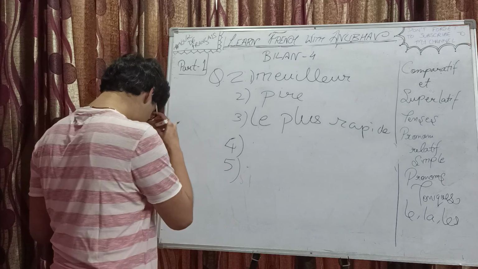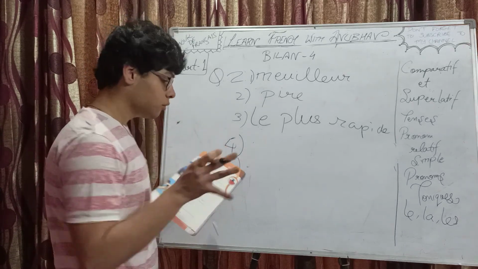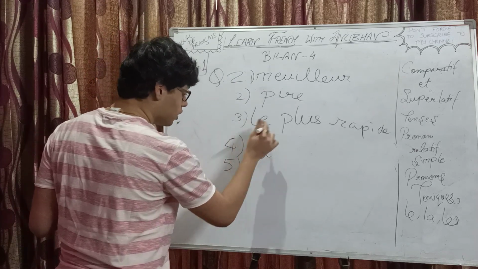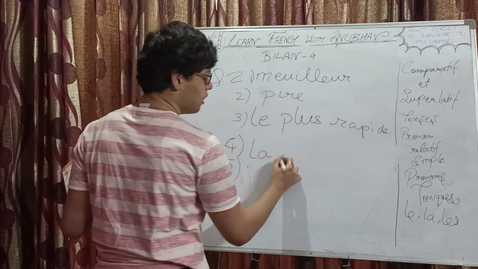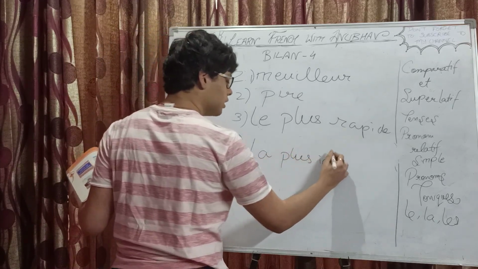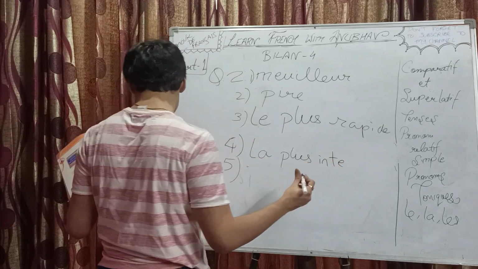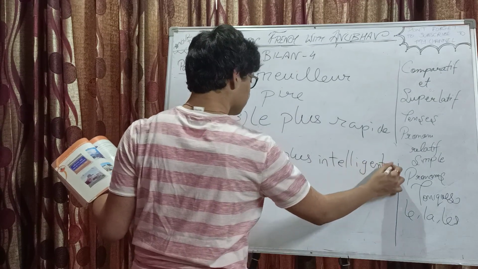So cette étudiante, feminine, right? So please keep in mind, here instead of le it will become la, since étudiante is feminine, la plus, the most intelligent. Intelligente.